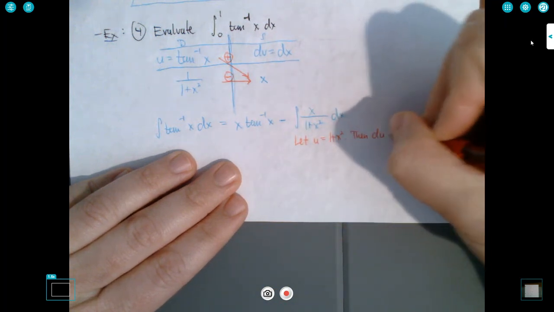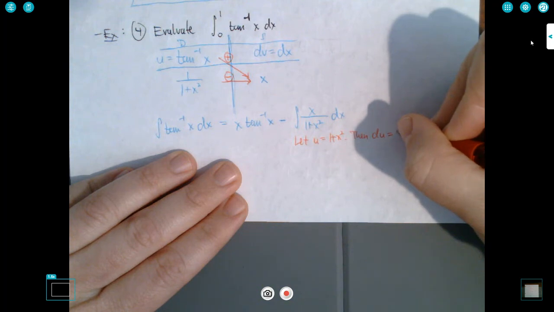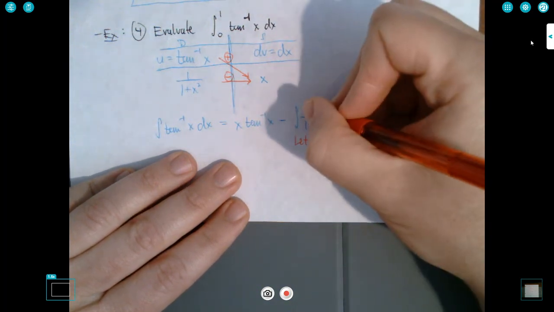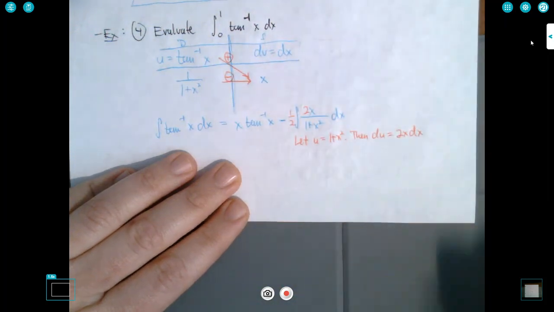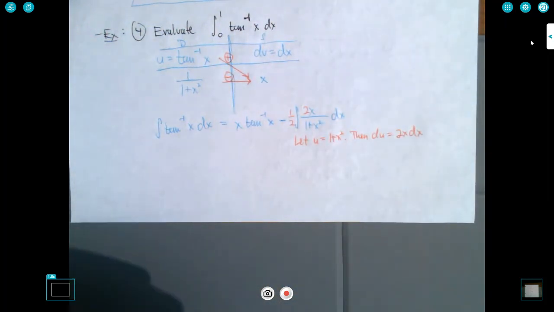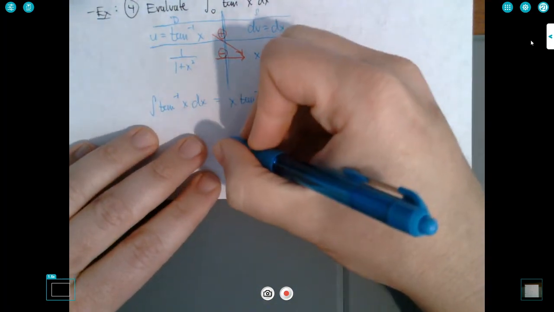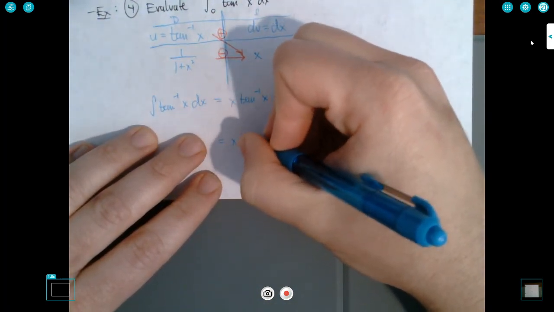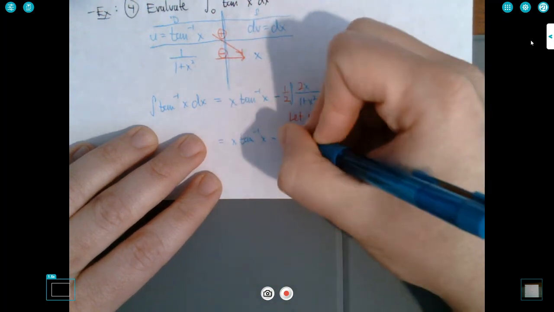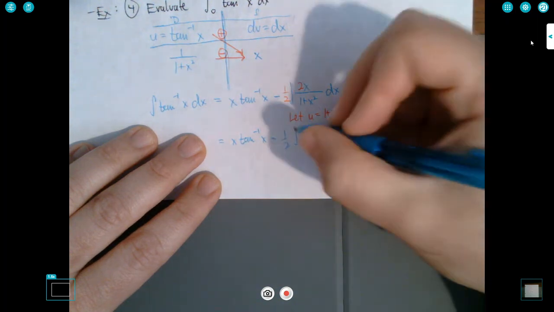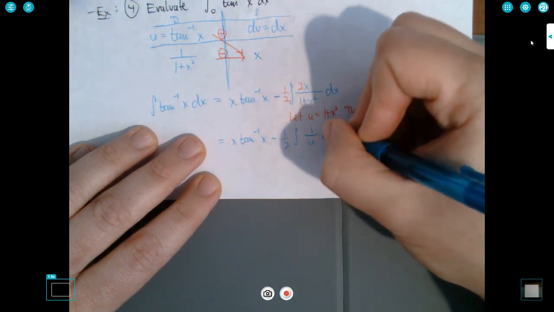Then du is 2x dx. So I can put a 2 there and a 1/2 there. And I end up with x tangent inverse x minus 1/2 times the integral of 1 over u du.